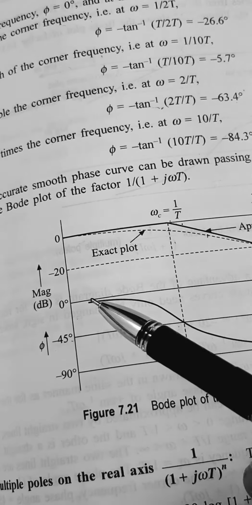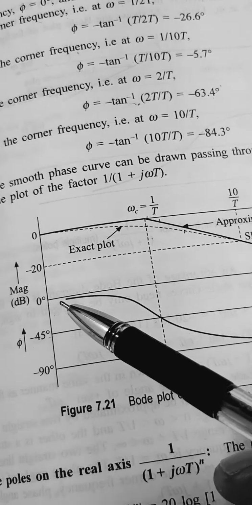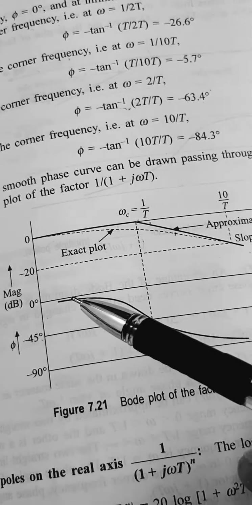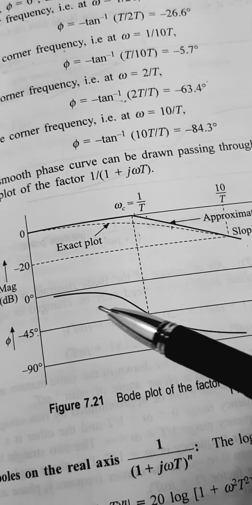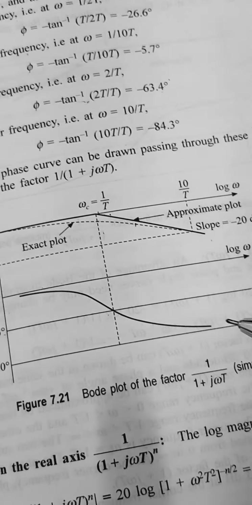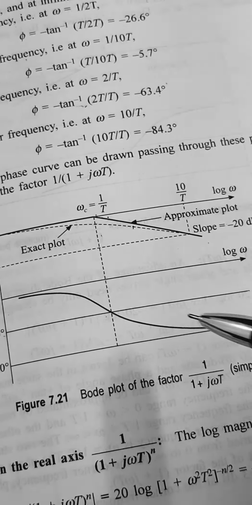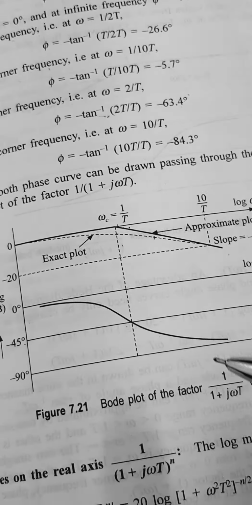And you can see that the angle which starts at 0 is minus 45 at corner frequency, and at omega tending to infinity it becomes minus 90 degree.